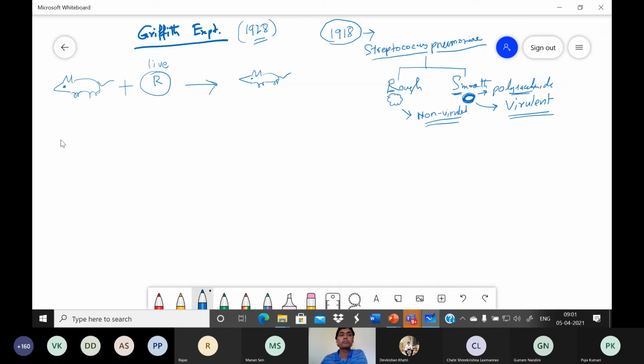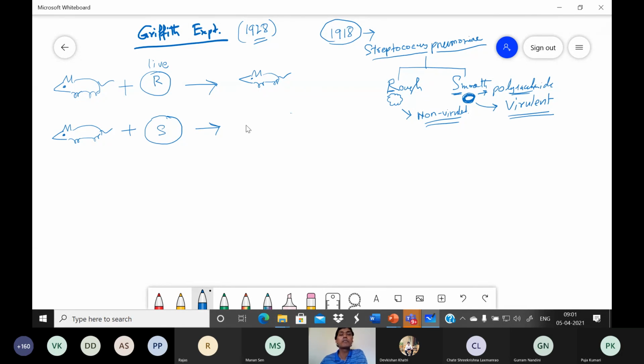Now, what happens if, in this experiment, he injected the smooth strain of bacteria?